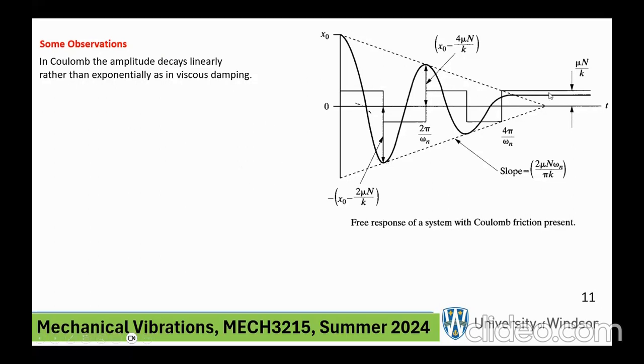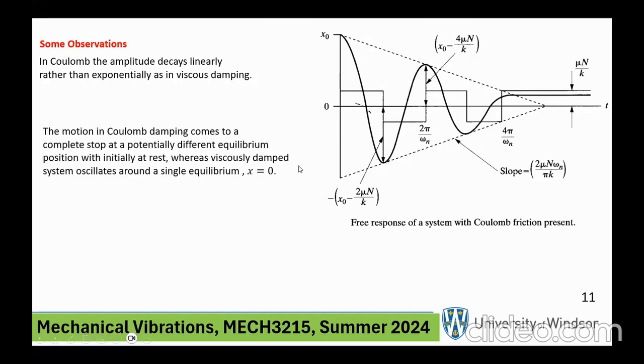You can see that. That's a characteristic of Coulomb damping. Now, in Coulomb damping, after a while, actually the block stops, literally stops, if you go with that model. Okay? Whereas in the case of viscous damping, it never stops.